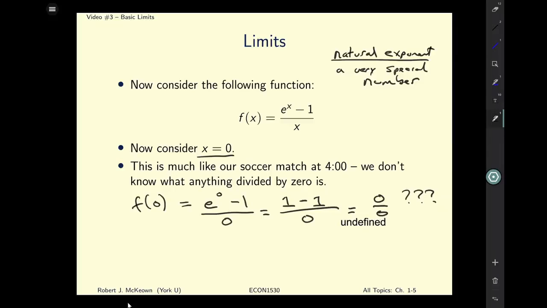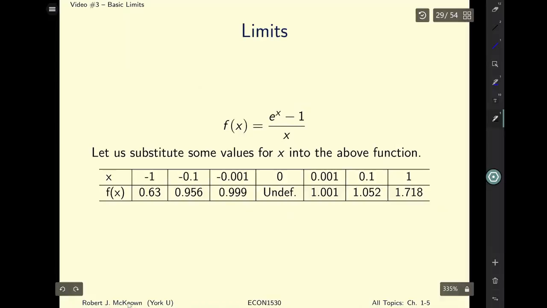So we're not sure what the value of this function is when x is equal to 0, but we can use our intuition about limits. What if x is close to 0 but not equal to 0? What if it was equal to 1? What if it was equal to 0.1?